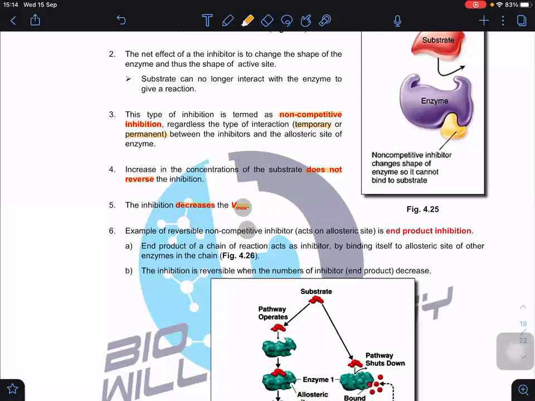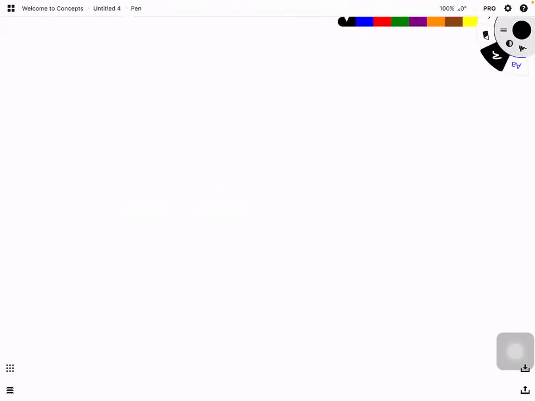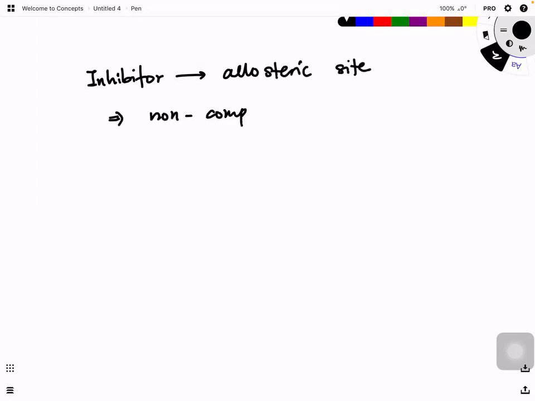Again, let us look at what to expect when we have the Vmax and Km together. Now look at this. When the inhibitor binds to the allosteric site, this kind of inhibitor is called a non-competitive inhibitor.